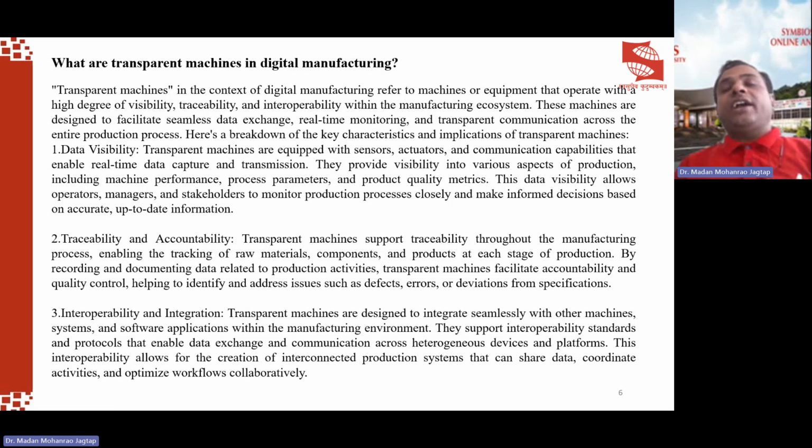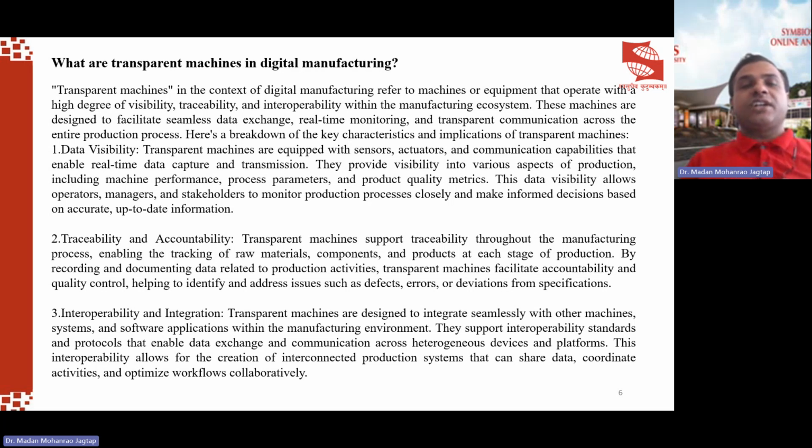Such machines, with high visibility, traceability, and interoperability, are the transparent machines.